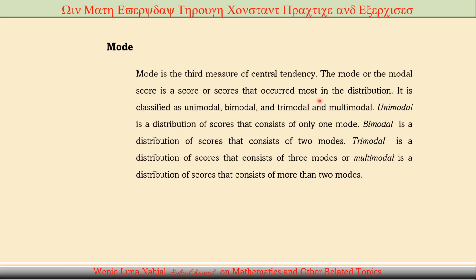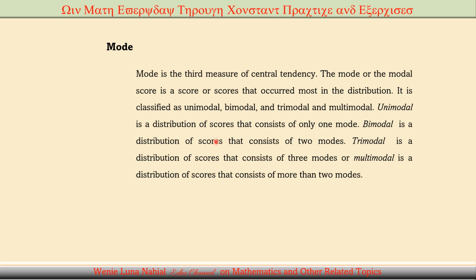Mode is the third measure of central tendency. The mode or the modal score is a score or scores that occurred most in the distribution. It is classified as unimodal, bimodal, trimodal, and multimodal. Unimodal is a distribution of scores that consists of only one mode.